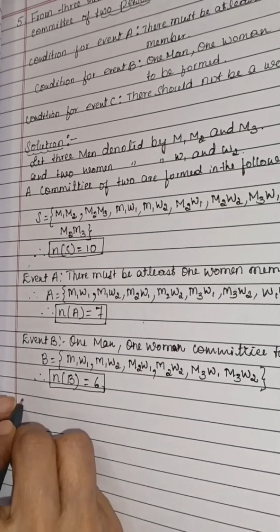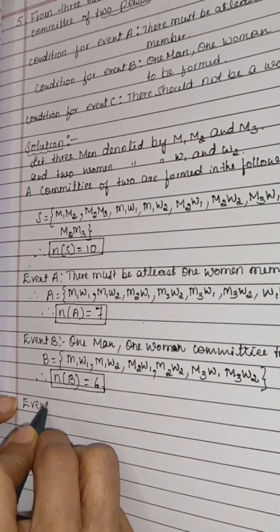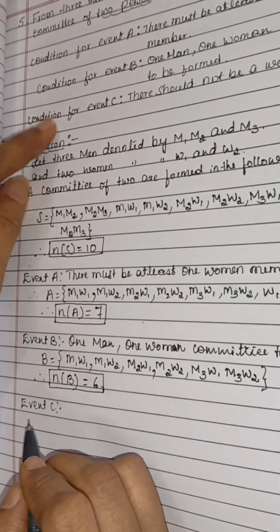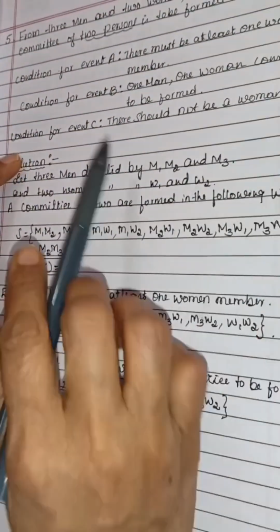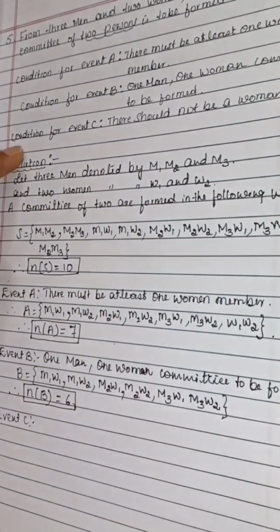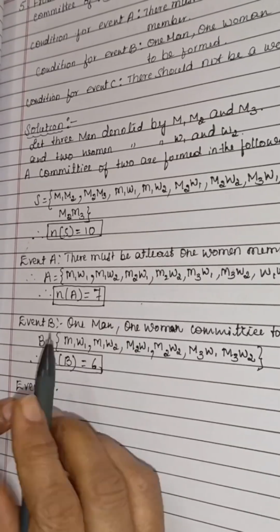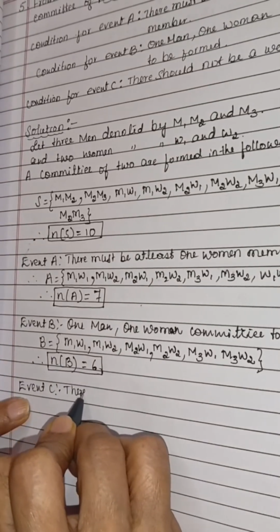Then event C. What does event C say? The condition for event C: there should not be a woman member.